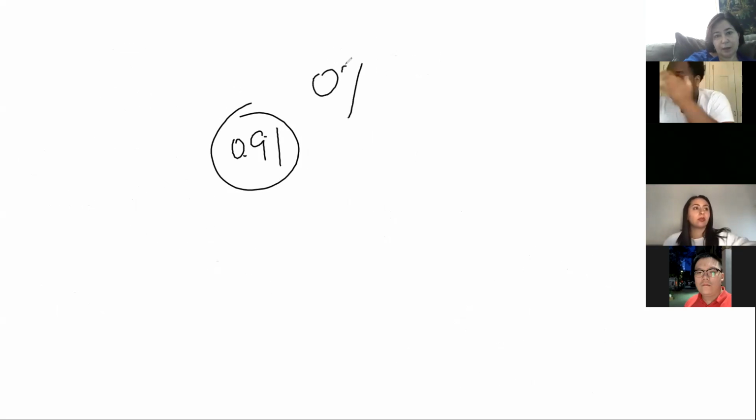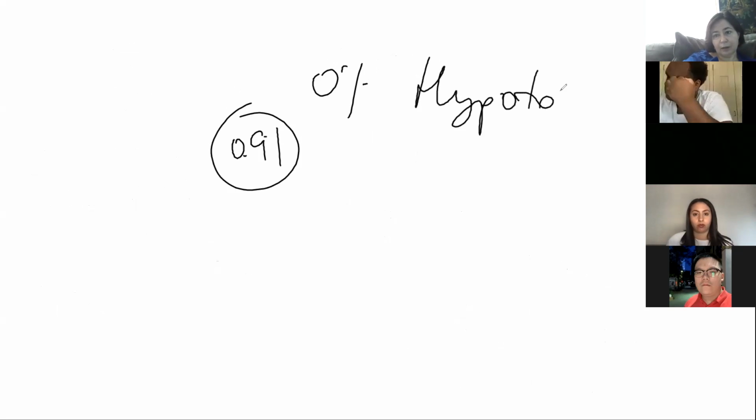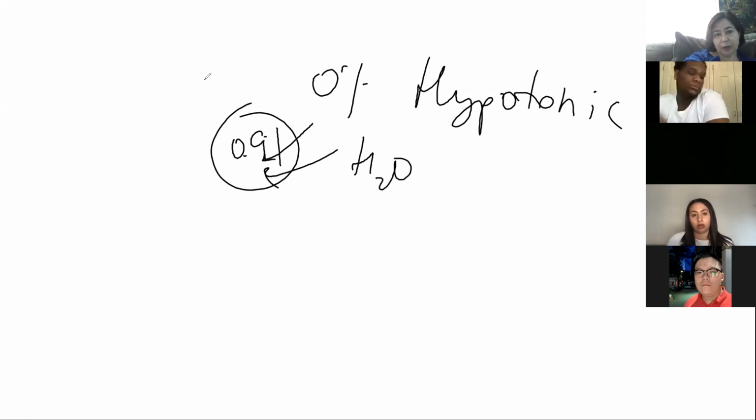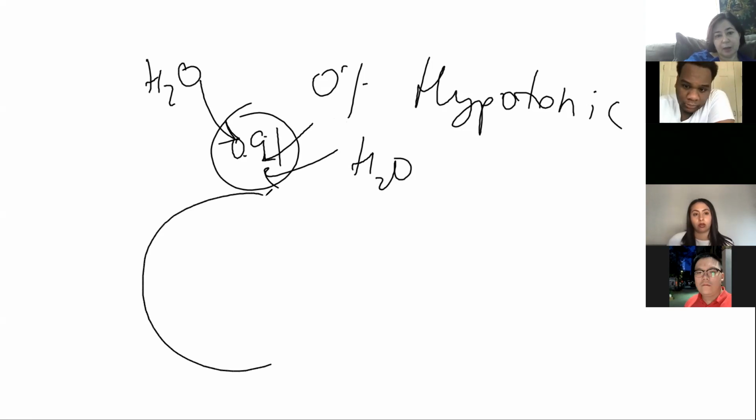And outside it's water, 0%. This is a solution called hypotonic. What's gonna happen next? Remember, osmosis. Water is gonna move from low concentration of substance to high. So water is gonna start moving into red blood cells. And the red blood cell will swell and expand.